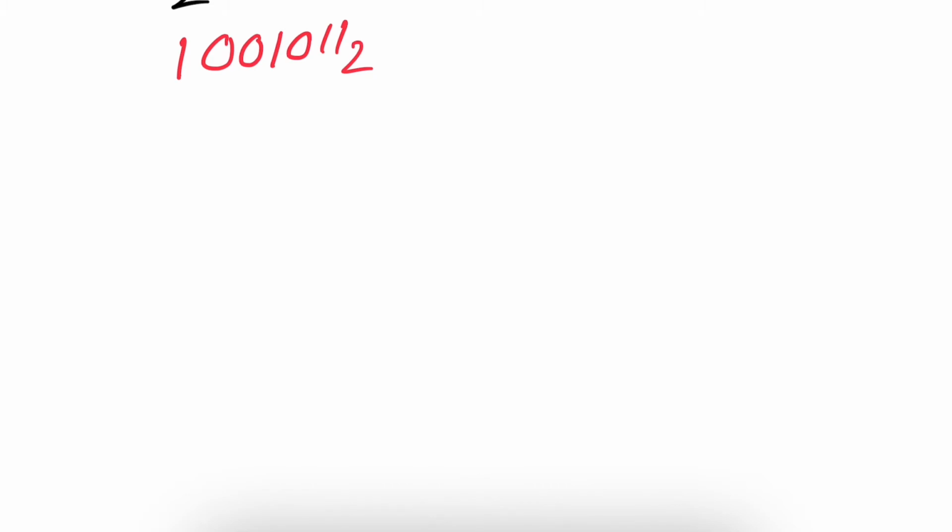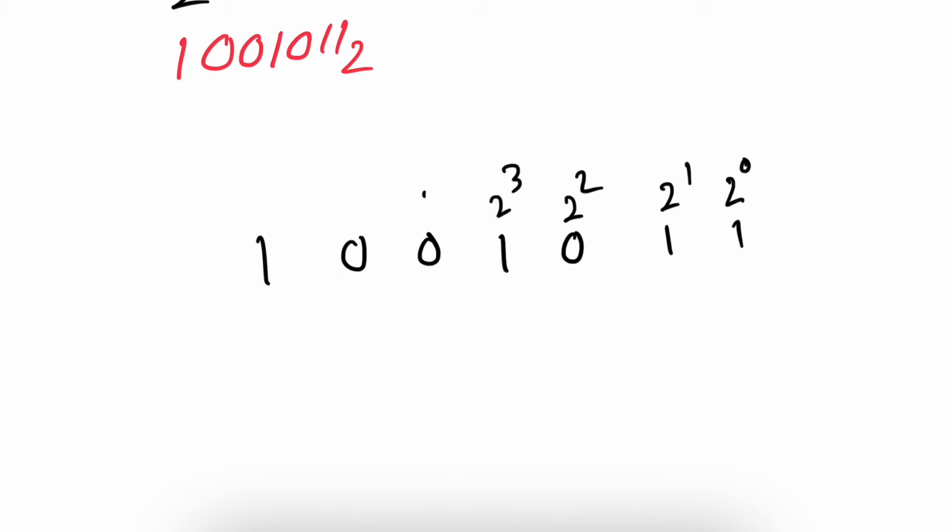What we have to do, you have to take this number again here, 1, 0, 0, 1, 0, 1, 1. Okay, so here it will be 2 to the power of the positions 0, 1, 2, 3, 4, 5, 6.